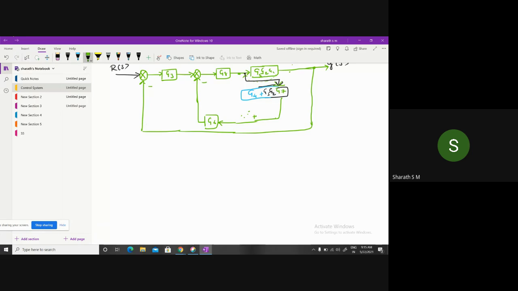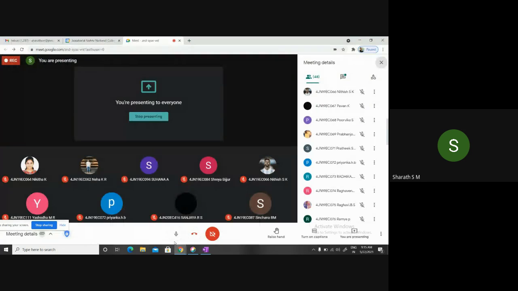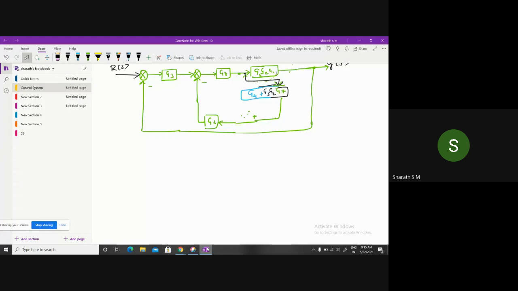And then what about these two blocks? Radhika, yes, sir. Yeah, what about these two blocks? So multiply with G6.